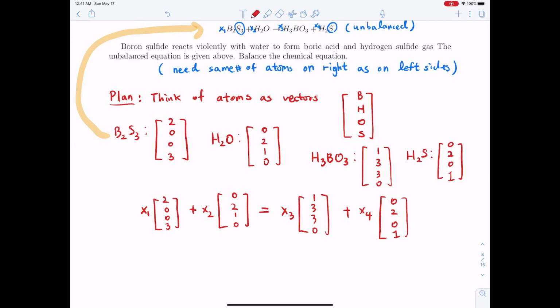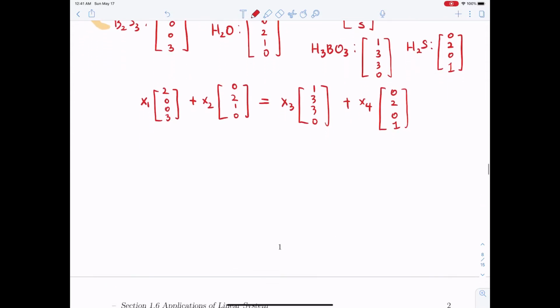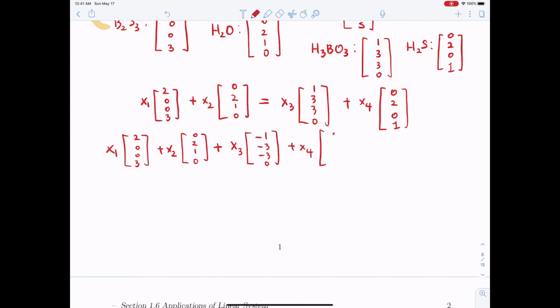If you move things to the left-hand side, we reverse the sign of the vector instead of the variable, which gives you x3 times (-1, -3, -3, 0) plus x4 times (0, -2, 0, -1). That equals the zero vector.